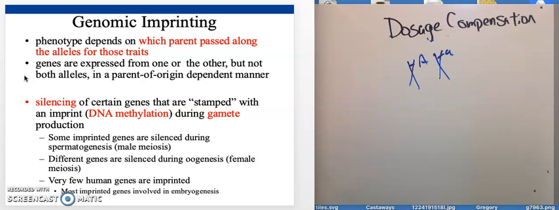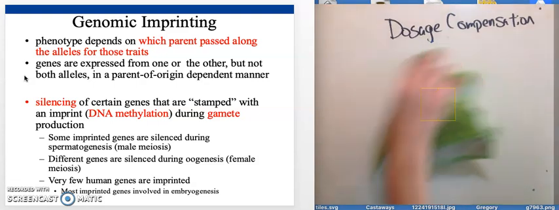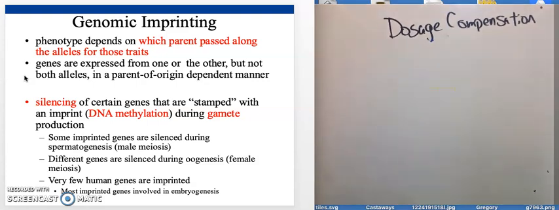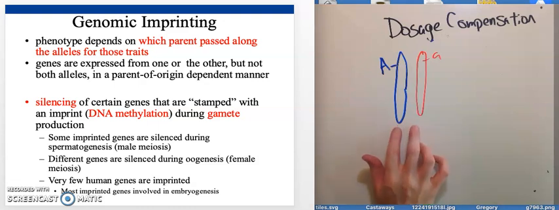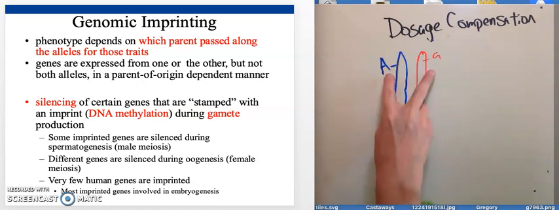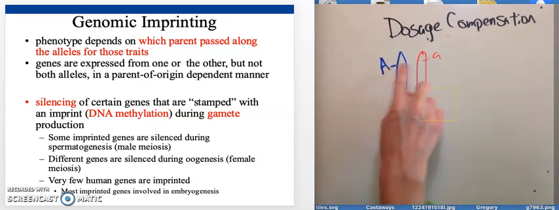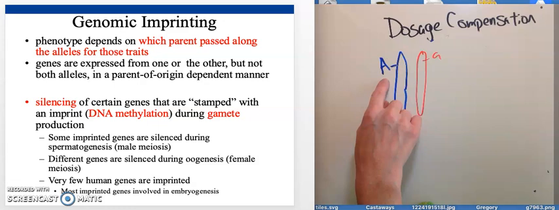Genomic imprinting has to do with whether a gene is expressed depending on who you inherited it from. Mendelian genetics tells us that you have 2 copies of every chromosome, one that you got from your mom and one that you got from your dad. And so if you're heterozygous and you have both a dominant allele and a recessive allele, you'll have the dominant phenotype.